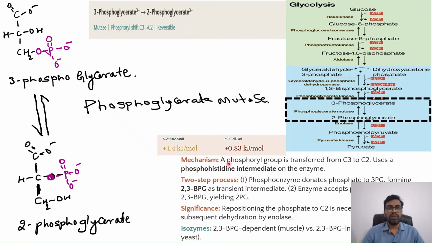So this is the overview of this reaction. All the other things are the same, only the position of the phosphate group has changed. This is a mutase type of reaction. As I told you, there is a phosphoryl shift from C3 to C2, and it is highly reversible.